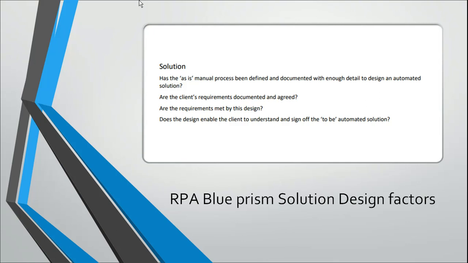As-is manual process has to be defined and documented with enough detail to design an automated solution. So they want to document the particular manual process before automation.